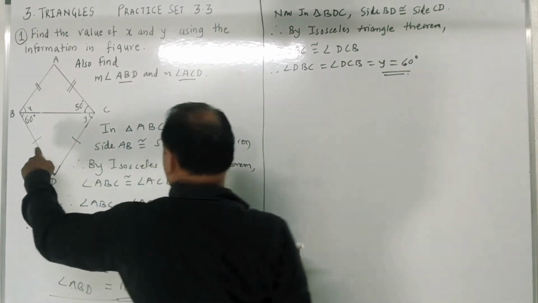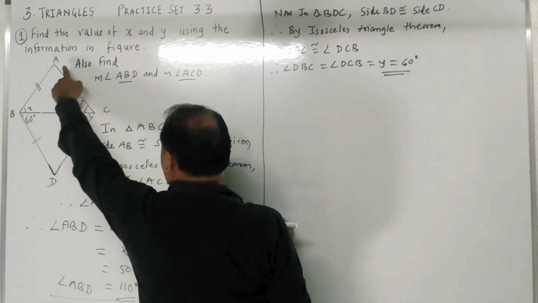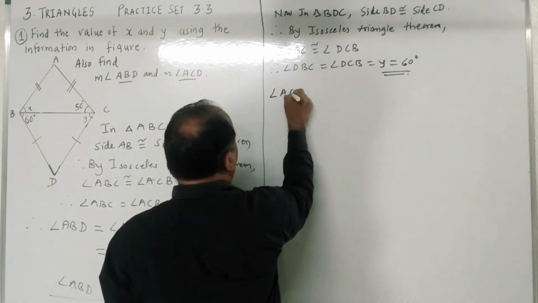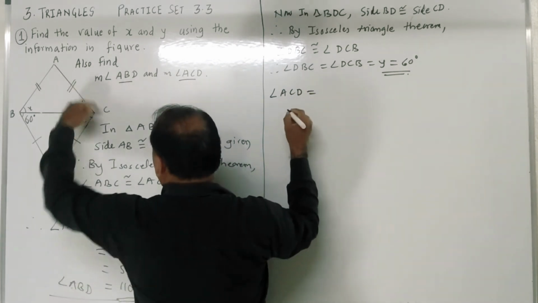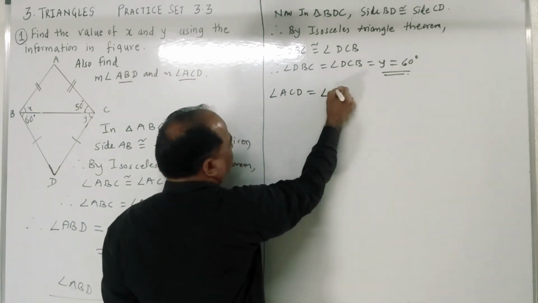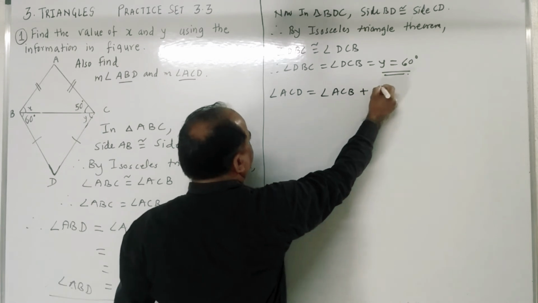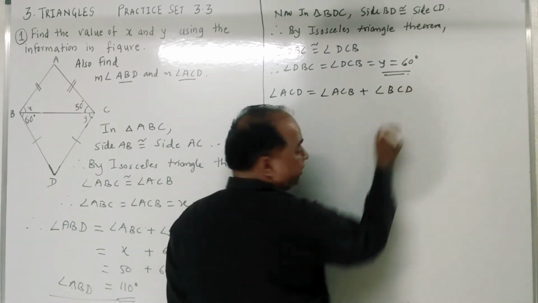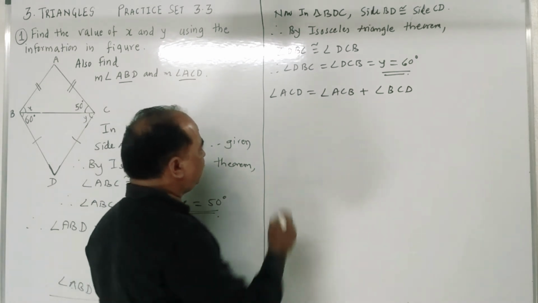Now, angle ACD is equal to angle ACB plus angle BCD, by the angle addition property.